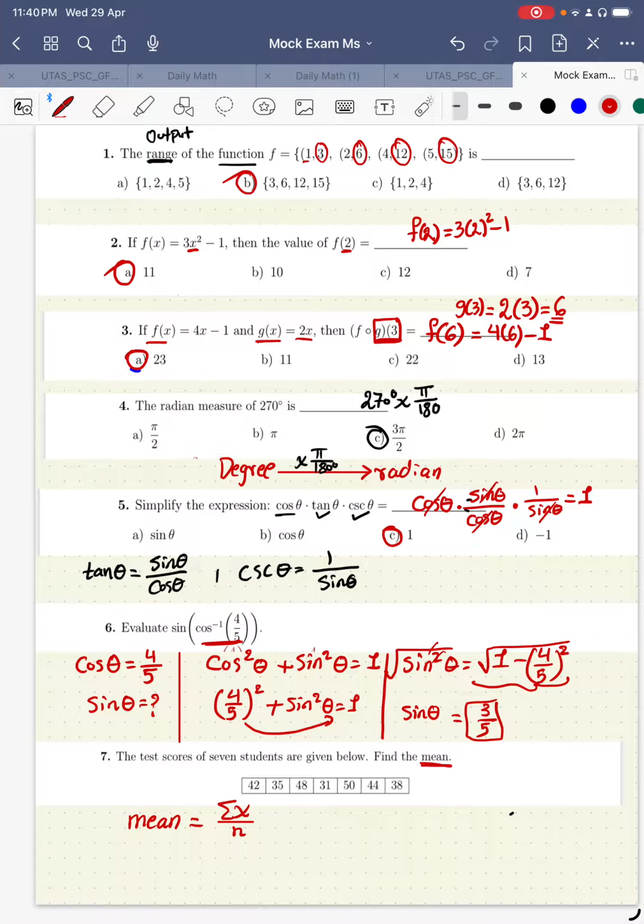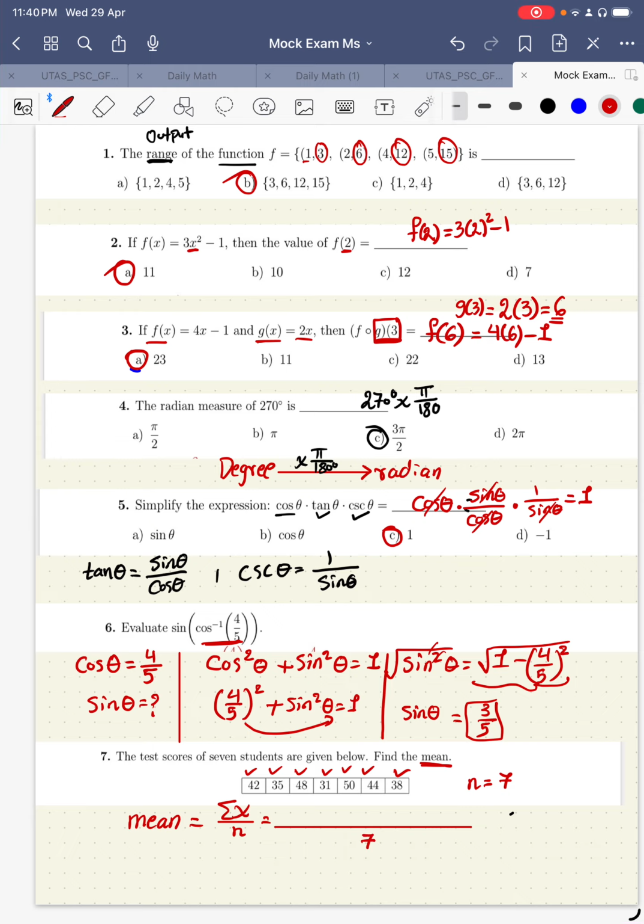First, let's start by counting how many values we have. I have here 1, 2, 3, 4, 5, 6, and also 7. So the number is gonna be 7. So my mean is gonna be over 7 here. But what is my numerator?